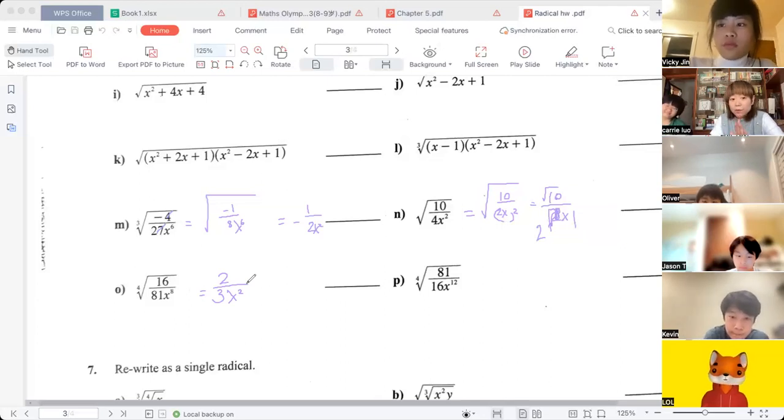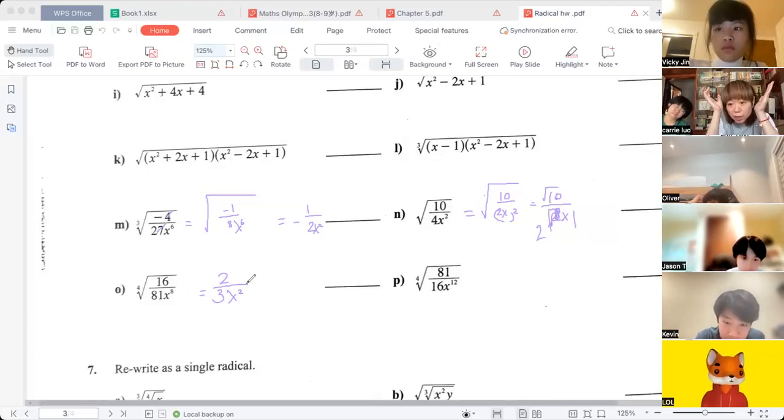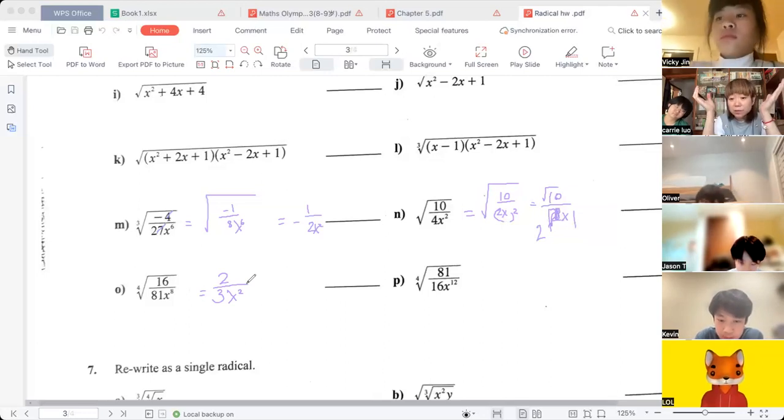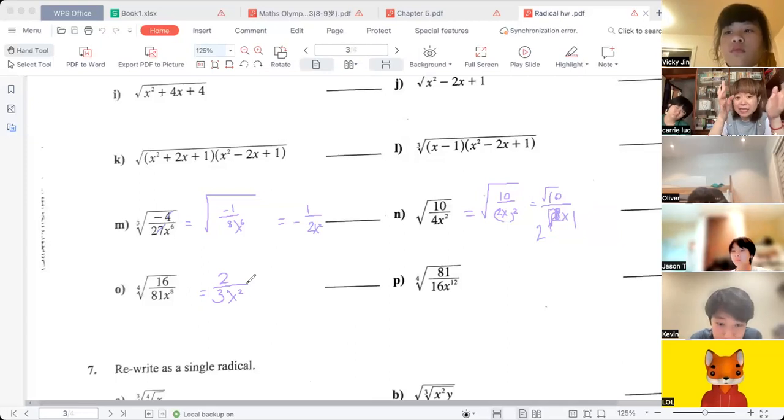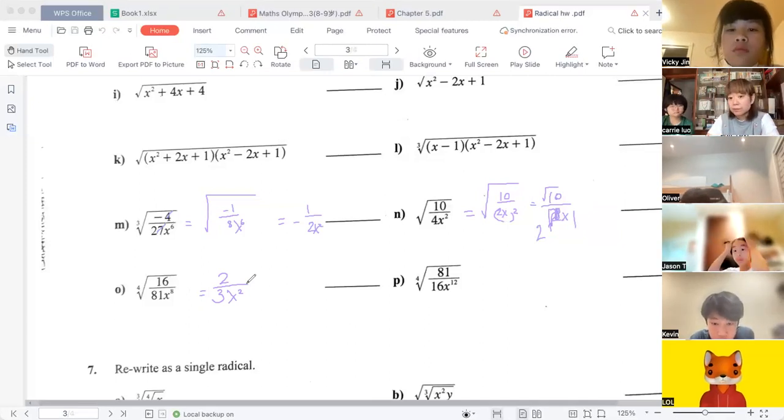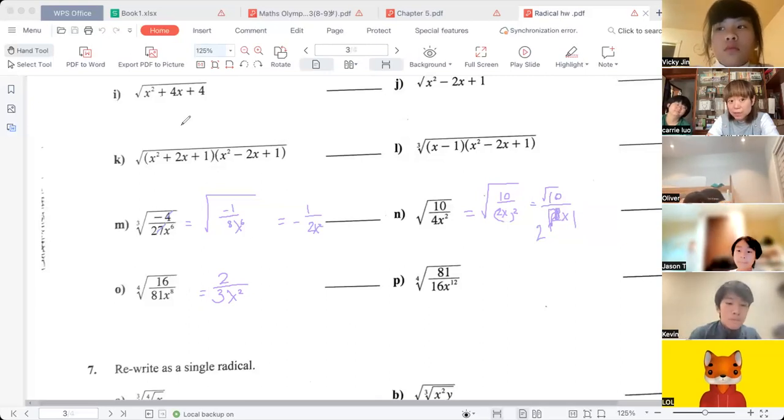The reason we're doing this, I want to emphasize, is that when you have an even-numbered radical, Elaine, you need to make sure everything you take out is positive.